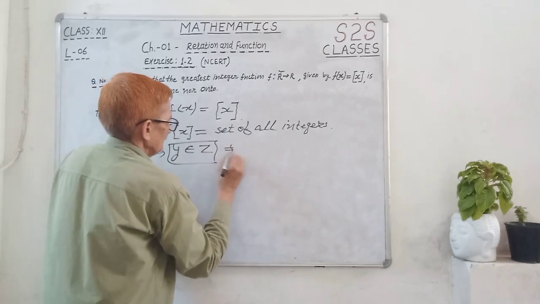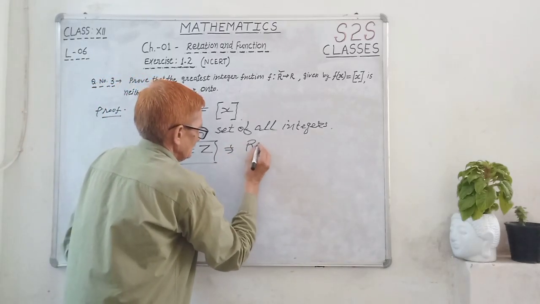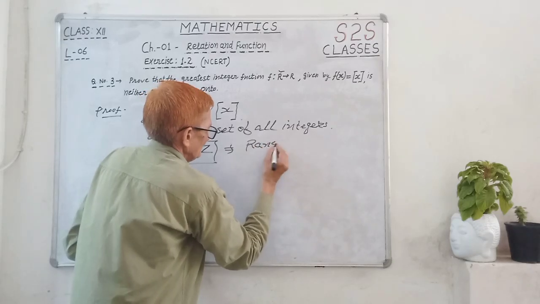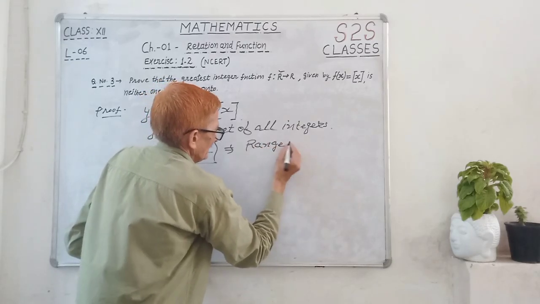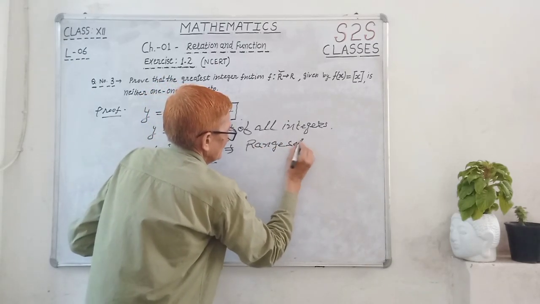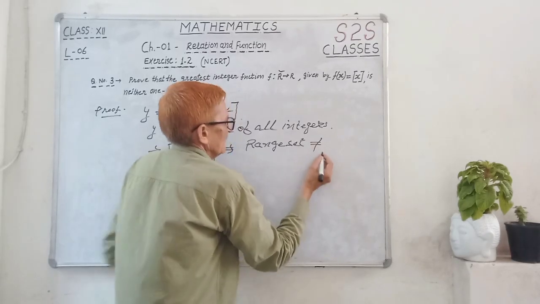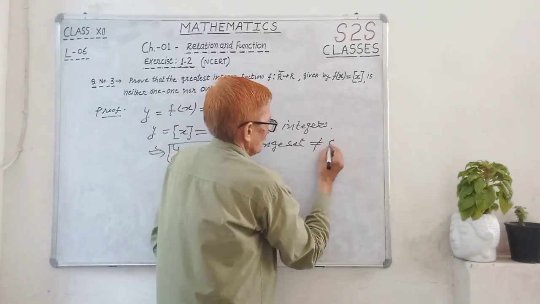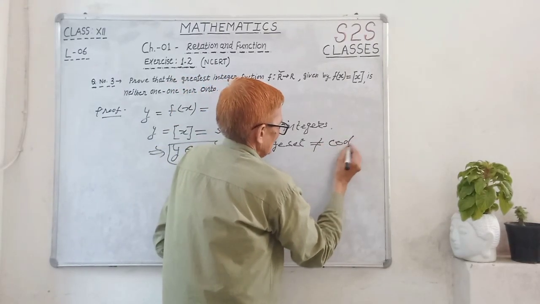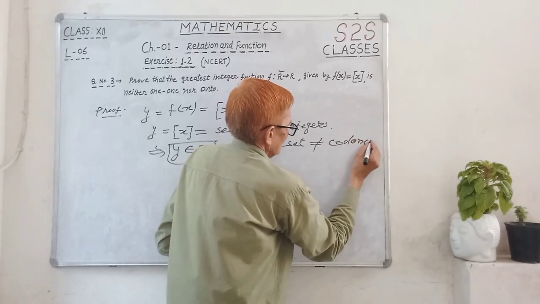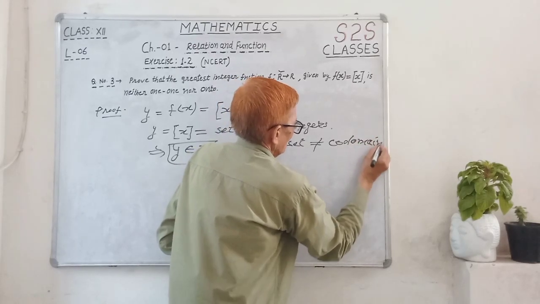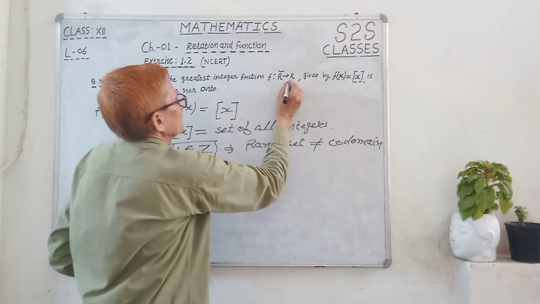This implies the range set is not equal to the codomain. The codomain set is the real number set.